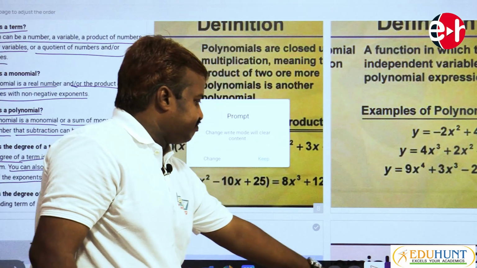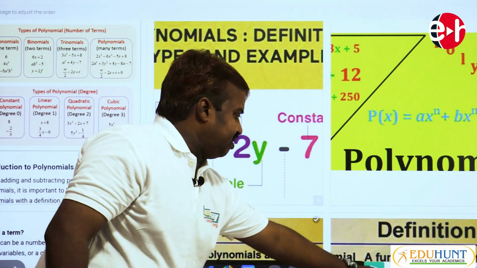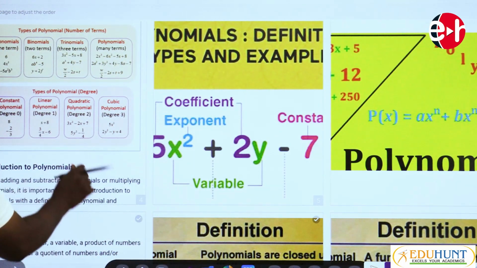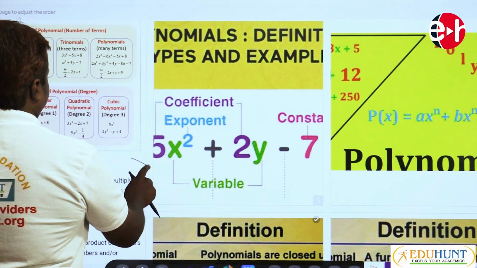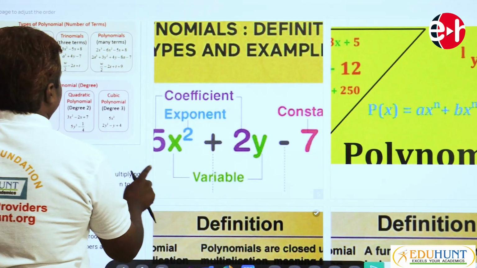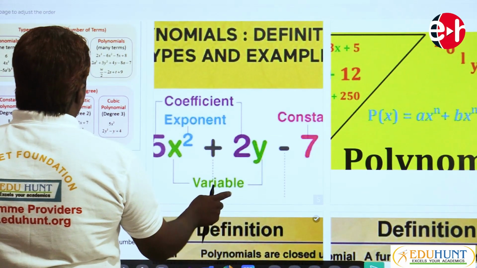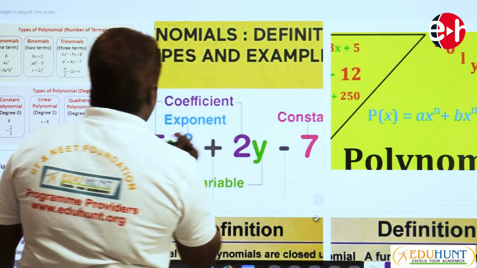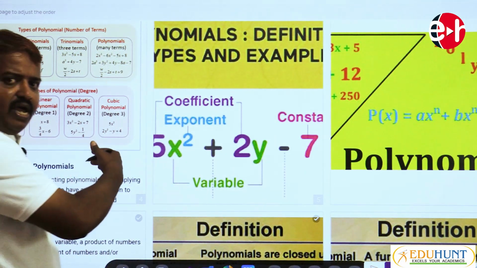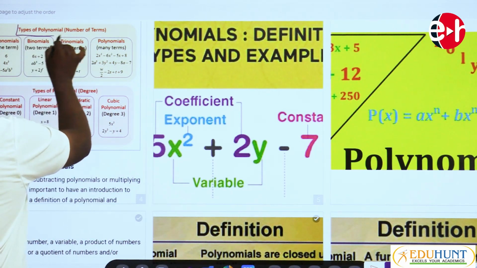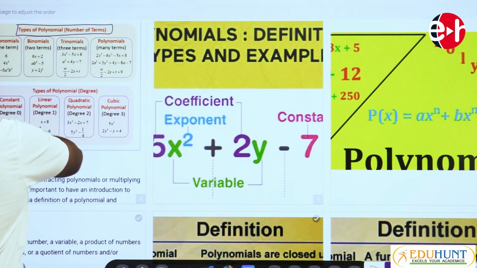Next one, observe here, children. You know that you can see that monomial. What is the monomial here? See the left hand side when I am displaying here, when I am teaching here. So now the types of polynomials are by number of terms.